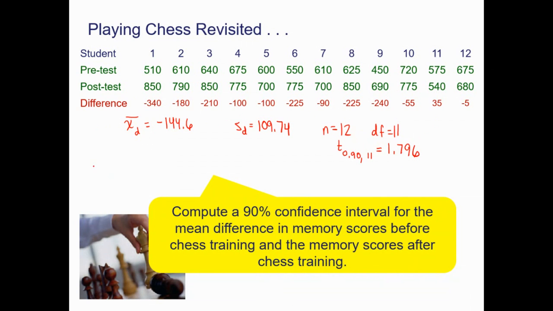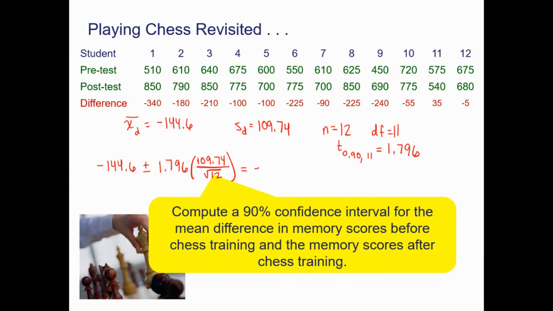So at this point, we can plug everything in. Negative 144.6 plus or minus 1.796 times 109.74 over the square root of 12.